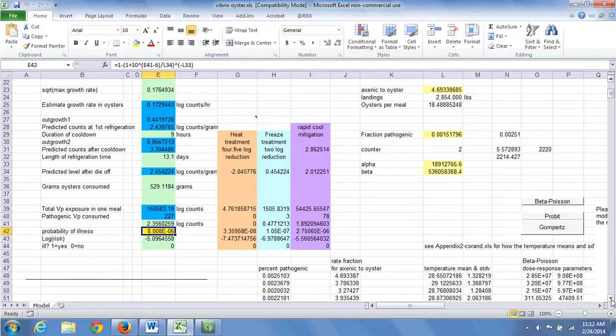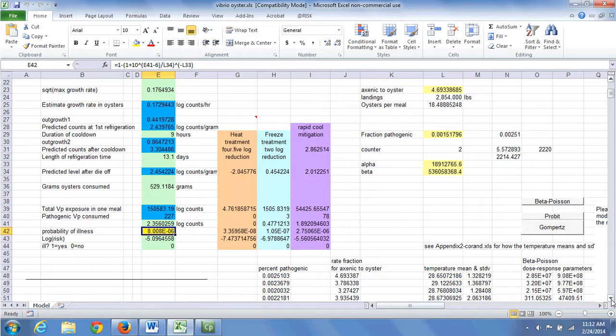They feed off of each other, and sometimes you go down a blind alley and you have to stop, turn around, and start over. And so the models will evolve throughout the risk assessment process.